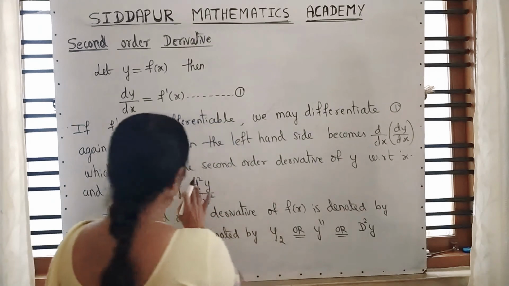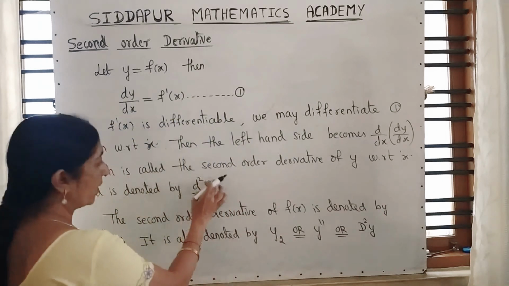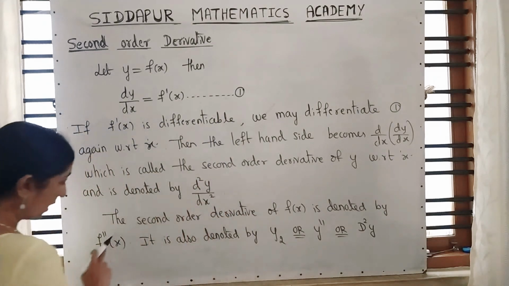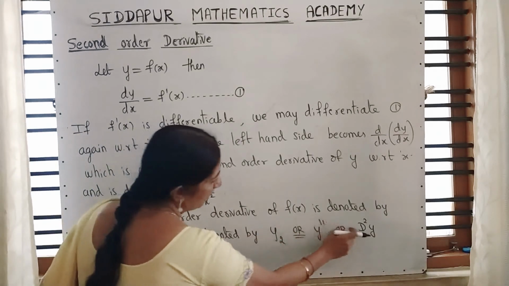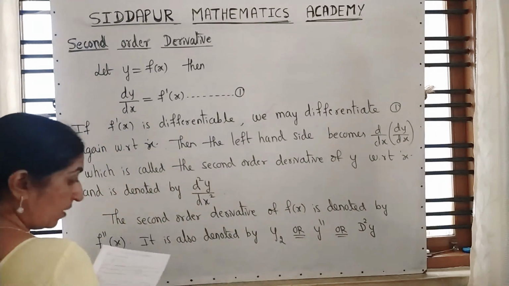One is d square y upon dx square, or f double dash of x, or y2 or y double dash or capital D square y.